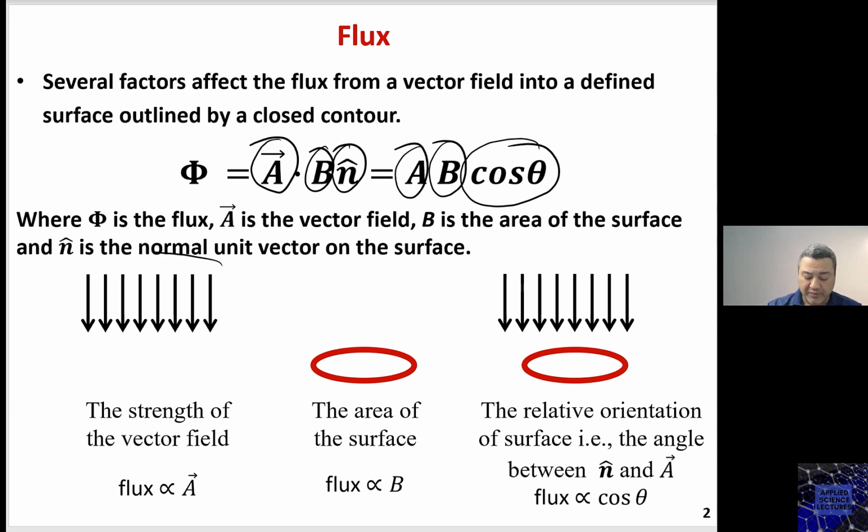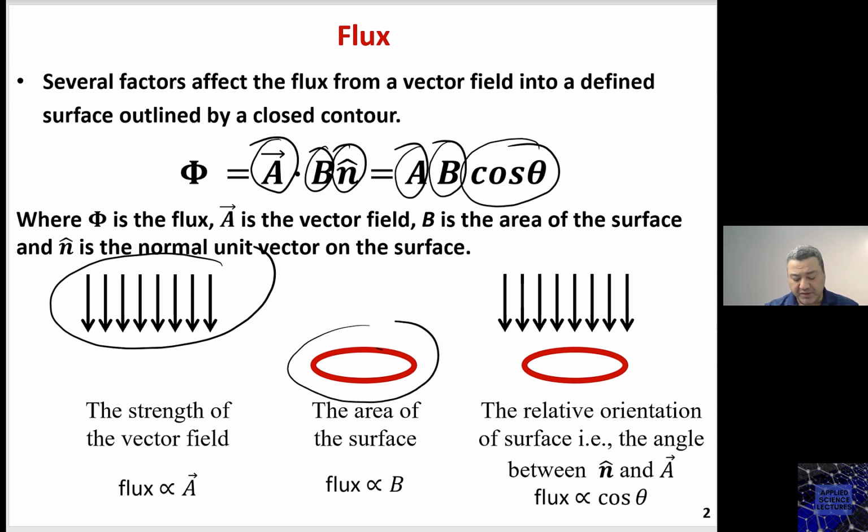If we have a uniform vector field, with the same magnitude and the same direction everywhere, going through this surface defined by this closed contour, then the flux is as simple as the magnitude times this area. Why? Because it is perpendicular, theta is 0, so it is simply the magnitude of the vector field times the magnitude of the area.